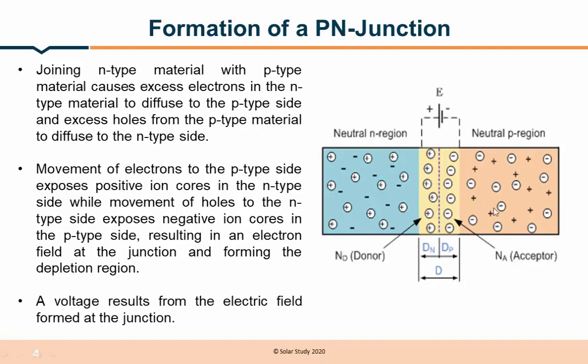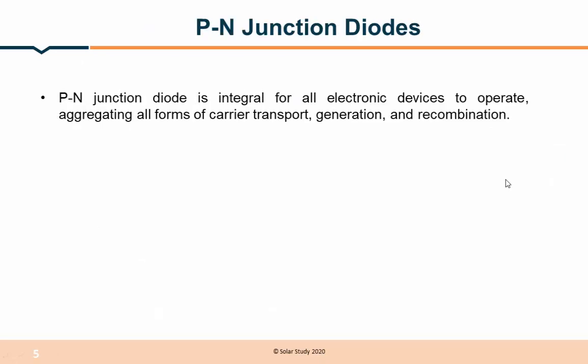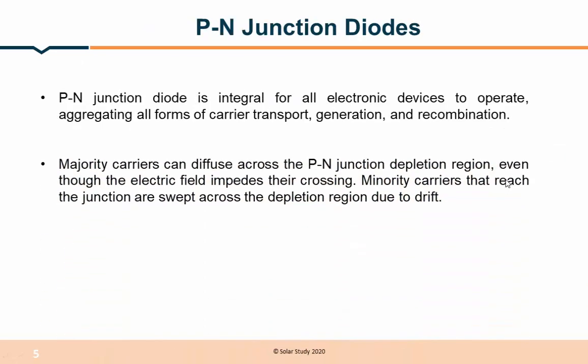Due to this movement of electrons, a small amount of voltage is produced during the recombination of electrons and holes. If I put P and N type material together, it forms a basic P and N junction diode.